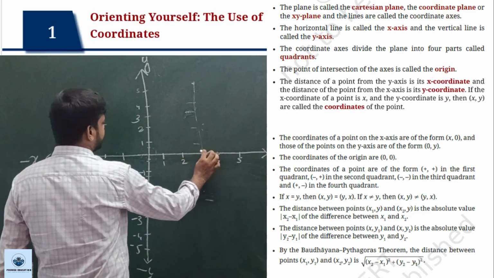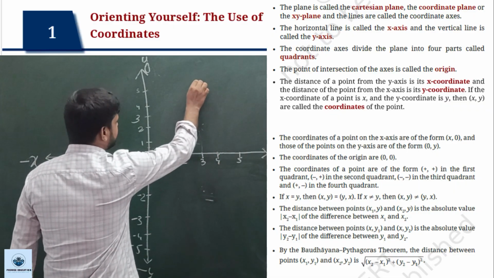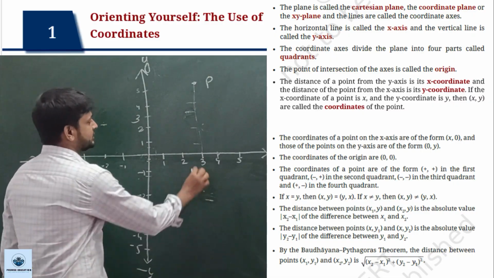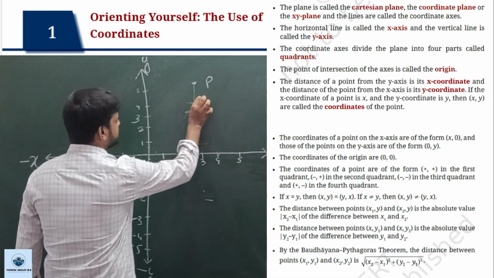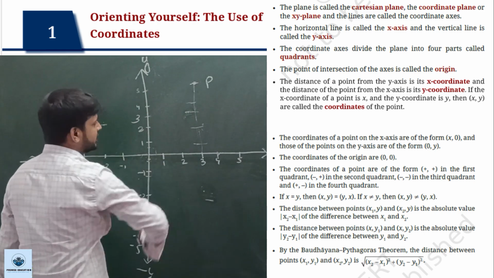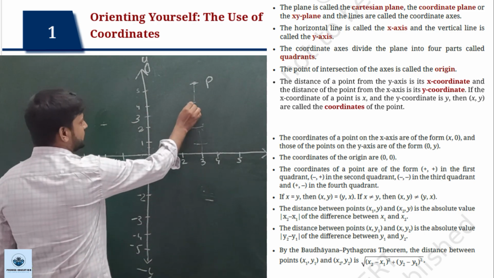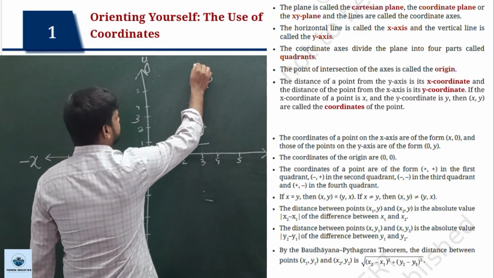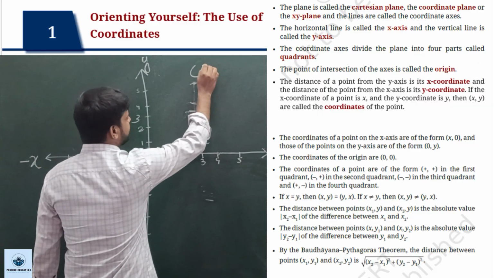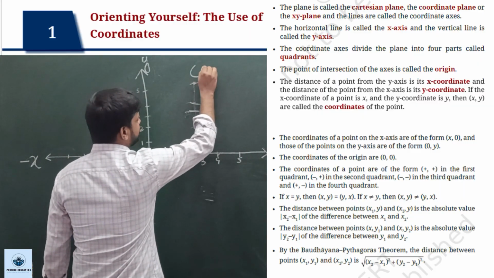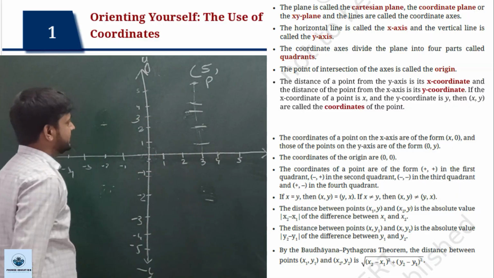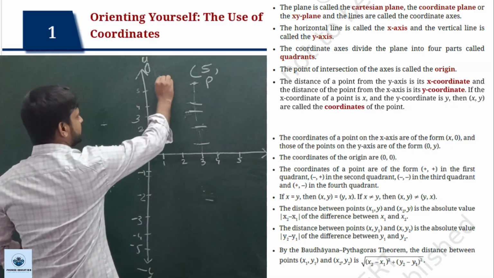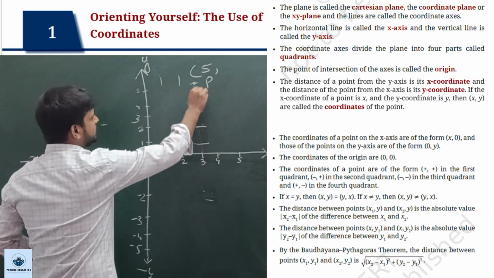Then this point, let us consider P, is how far from the x-axis? 1, 2, 3, 4, and 5 units away from the x-axis. Now, the value of this point on the x-axis is 5, and from the y-axis, how far is this point? 1 unit, 2 units, and 3 units.